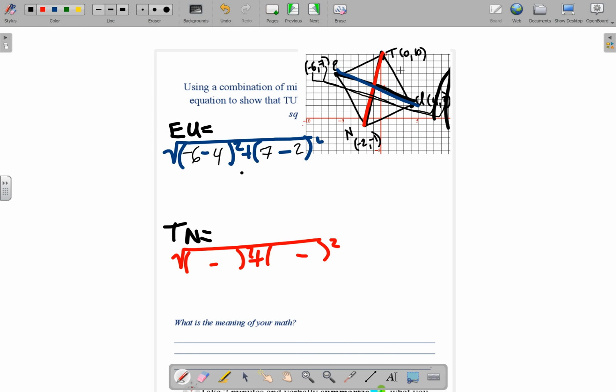Down here, connect your X's. That's 0 and -2. Connect your Y's. That's 10 and -1. Let's go ahead and do your math here and see what you get.